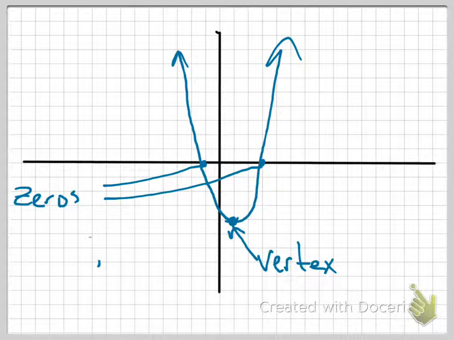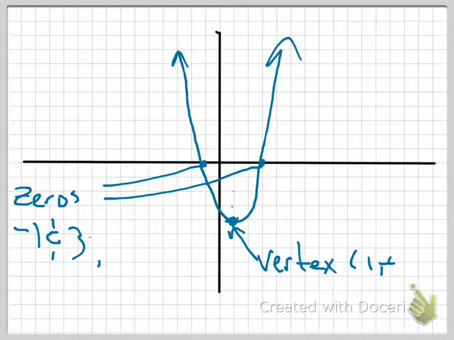You want just where they're at: -1 and 3. So -1 and 3. That's where they cross the x-axis. Those are your zeros. Your vertex is at (1, -4).